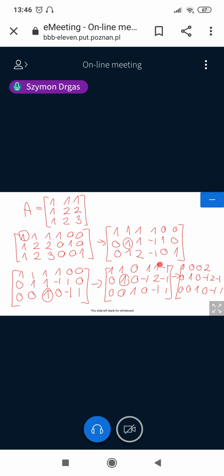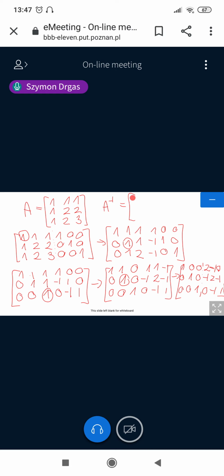Then we have 1 minus 2 is negative 1, and here there should be 0. Okay, so yes, I cannot write here, but we can finally read these entries of the inverse of A.